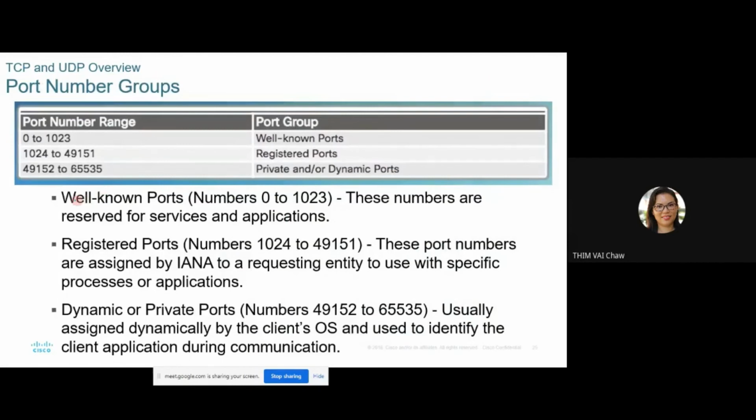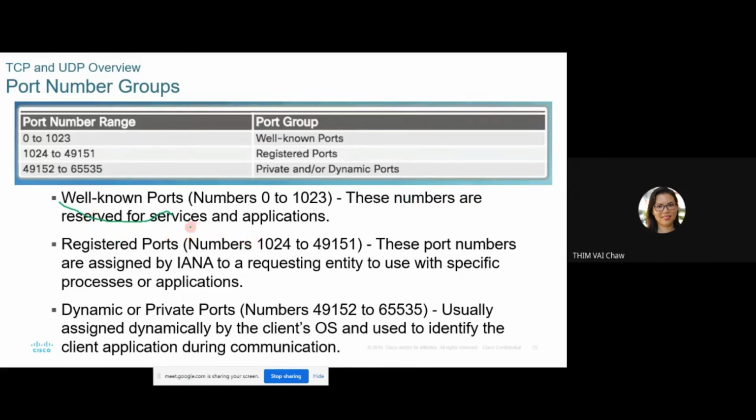We call the first one the well-known port numbers, already mentioned just now. The well-known port numbers start from 0 to 1023. You can go and Google search, and they will give you a very long list, telling you what type of server uses what port number and so on. These numbers are reserved for services and applications.